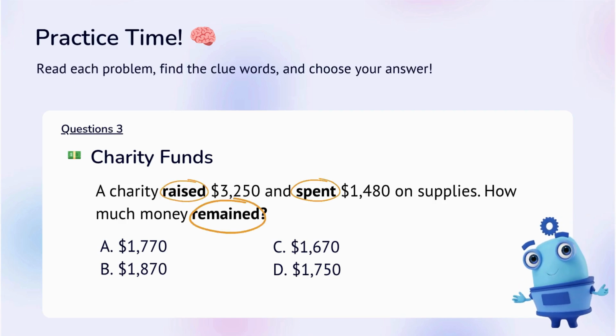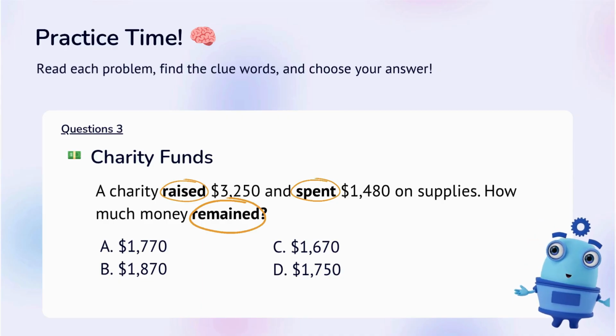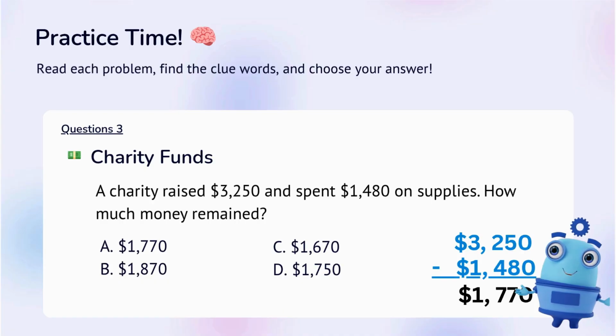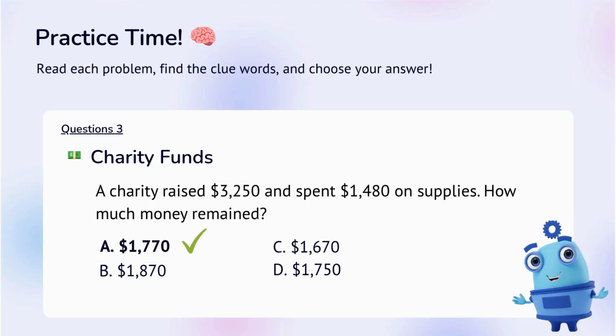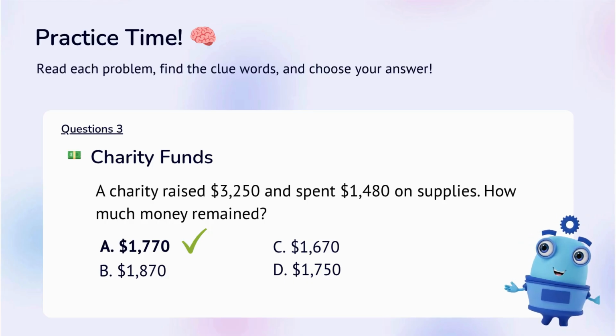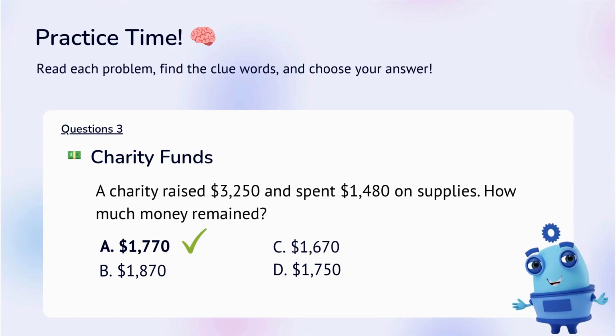Let's solve it together. 3,250 minus 1,480 equals 1,770. The correct answer is letter A, $1,770. Excellent work! Remember, clue words like spent and remained tell us that subtraction is the correct operation.